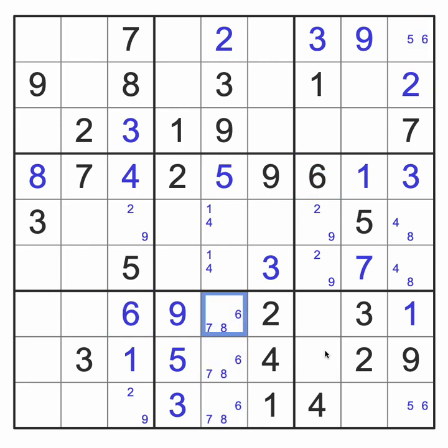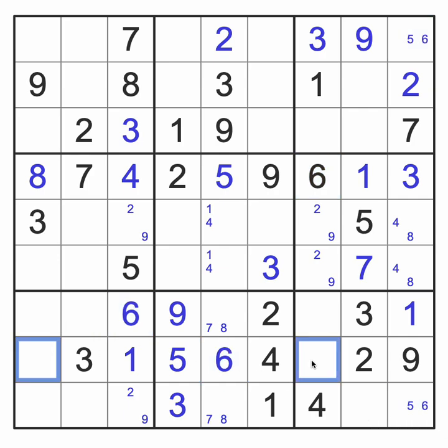And this 6 blocks here, and 6 will be, because this 6 in box 6 blocks these, 6 will be here or here in box 9, which blocks this cell. That leaves only this cell for 6.